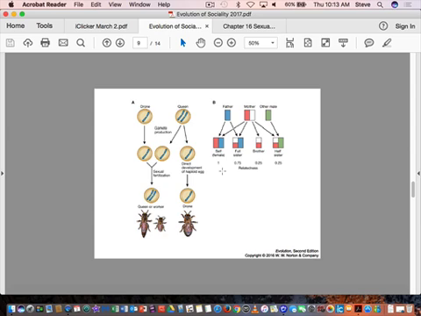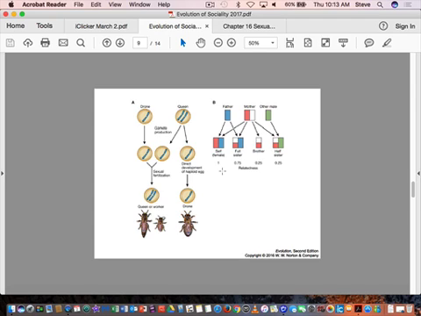So it turns out that full sisters and brothers, guess what their level of relatedness is? In our situation, full brothers and sisters share what? Half of our genes in common. In hymenopterans, guess how much they share? 0.25. So it turns out brothers and sisters aren't very closely related to one another in hymenopterans.